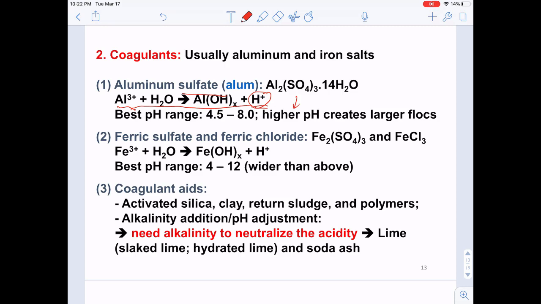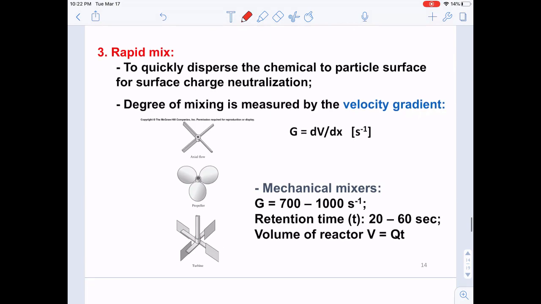Okay, so the same thing will happen if we introduce the ferric ions into the water. Okay, and further we introduce the rapid mixing when we're trying to dispense the coagulants in the water, and also introduce the flocculation where we are going to use a smaller mixing speed to suspend the particles and then further promote the coagulation and flocculation.